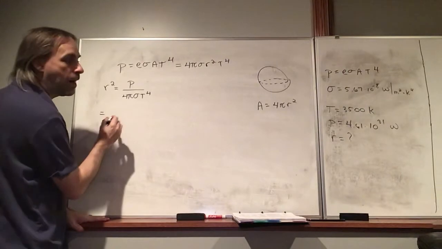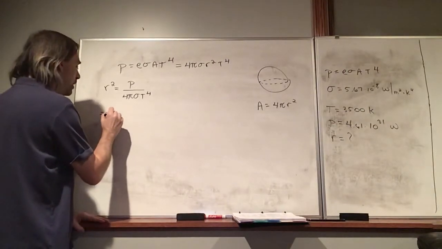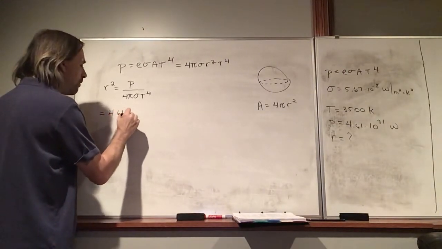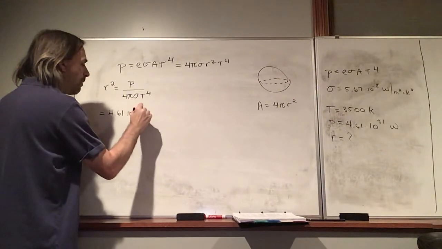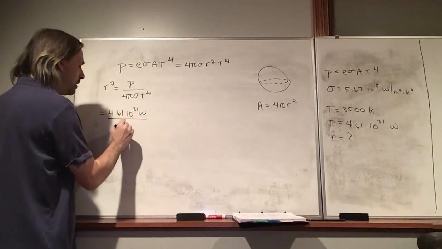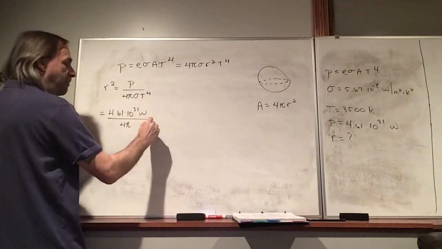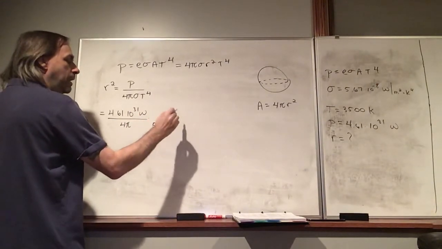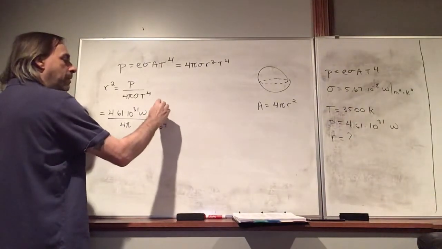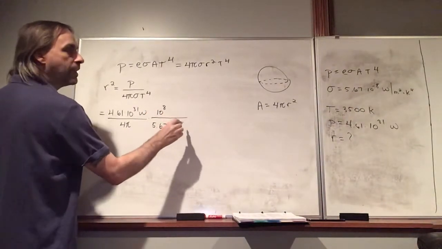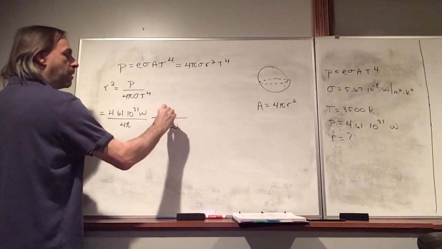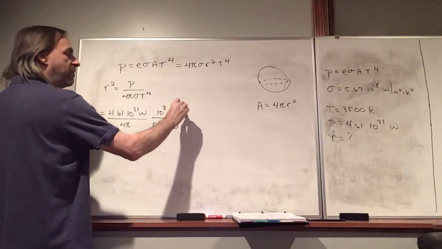So let's do this. Power is 4.61 watts. Now let's just divide by 4 pi. Sigma is 5.67 times 10 to the minus 8th, so I'm going to put that up on top. Units are watts over meters squared Kelvin to the 4th.